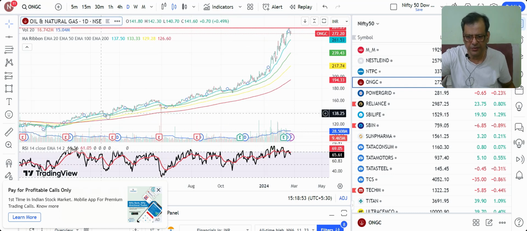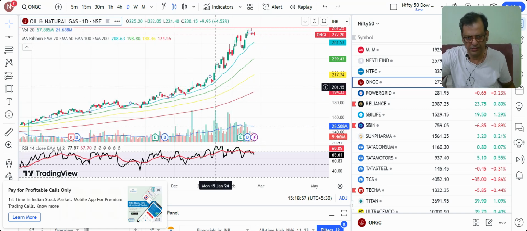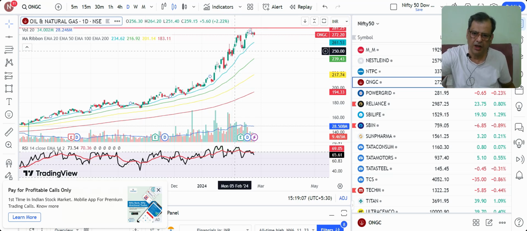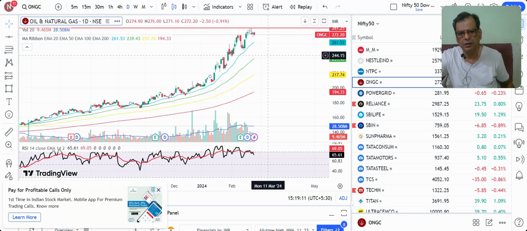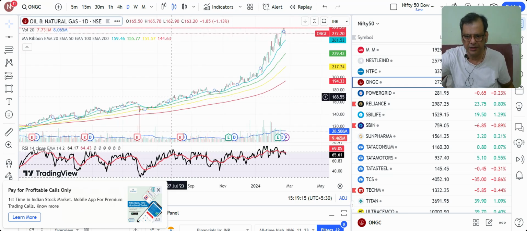See, the price is going almost, if you will, in a bull flag or ABCD pattern. A, B, C, D, A, B, C, D, A, B, C, D, or a bull flag pattern, if you will. So I can draw here for academic purposes. I can draw something like so.